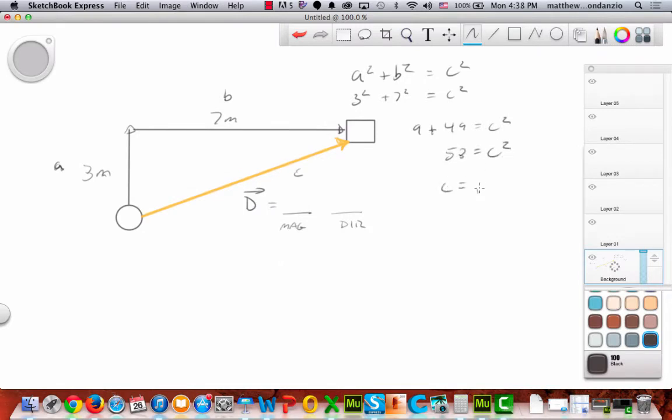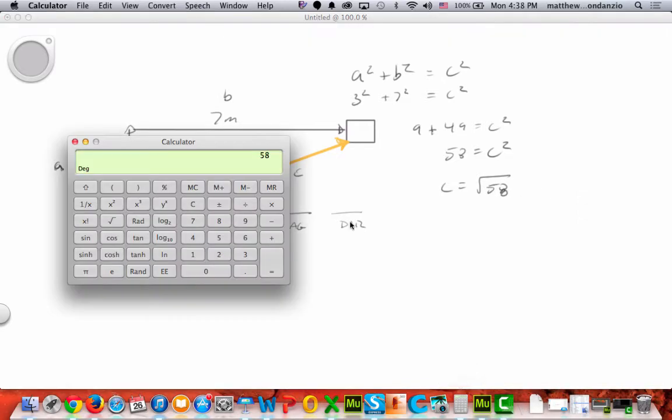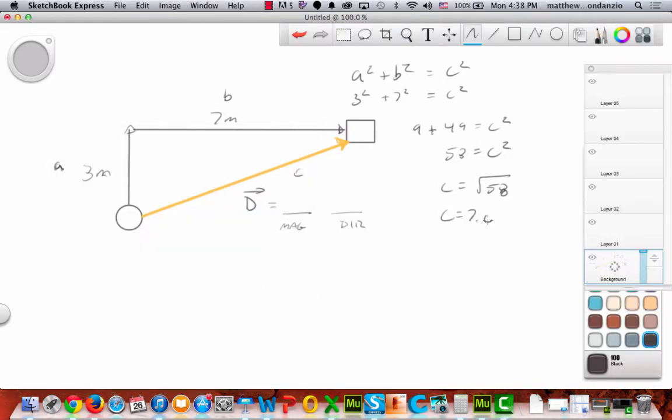So c equals the square root of 58, which is 7.62. And again, c equals 7.62 with the units of meters. So that's my distance, right? That's this guy. So really it's 7.62 meters with a direction.